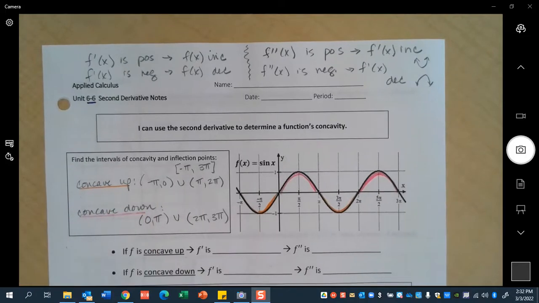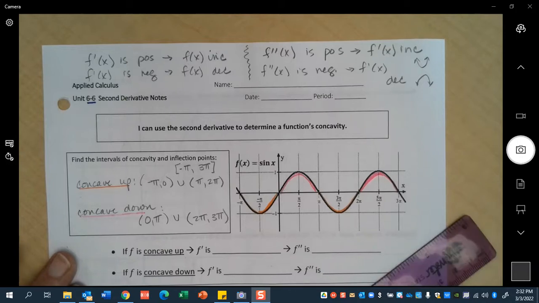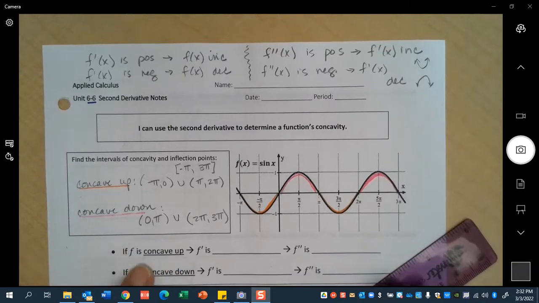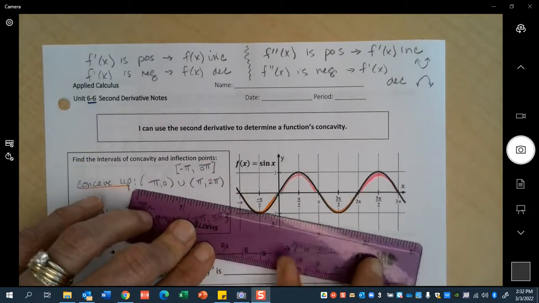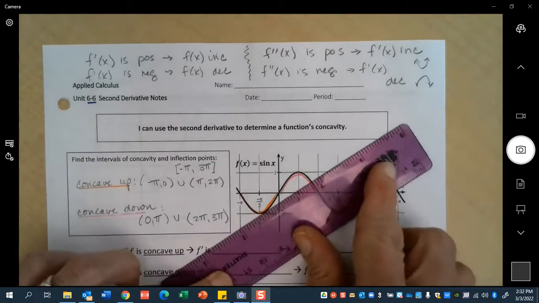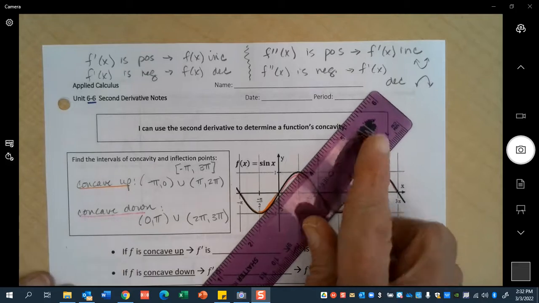So what we want to do is look at the behavior of both our derivative and our second derivative. If a graph is concave up, that means that my derivative value is increasing. My derivative value is getting bigger and bigger.